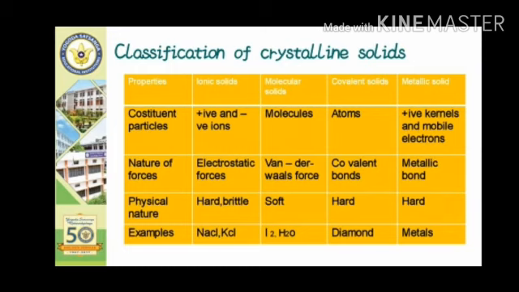Examples are the solid form of water, that is ice, and also dry ice. What is dry ice? Solid form of carbon dioxide. A question arises: why is ice an example of molecular crystals? The answer is because water is a molecule.